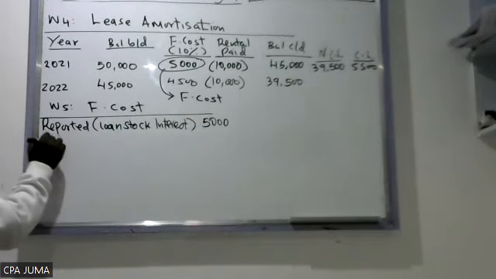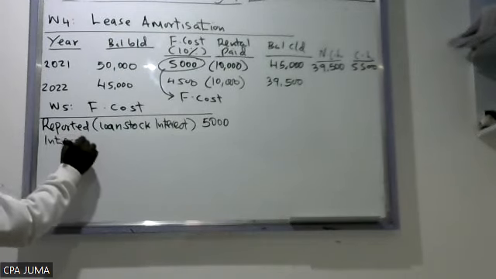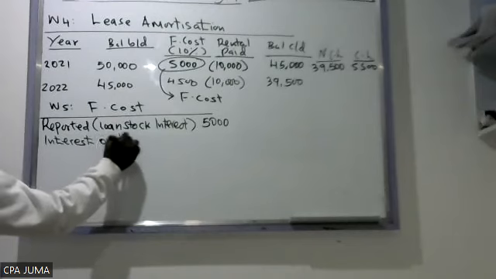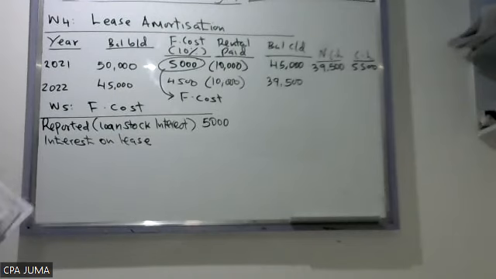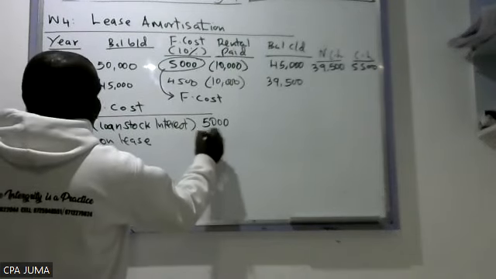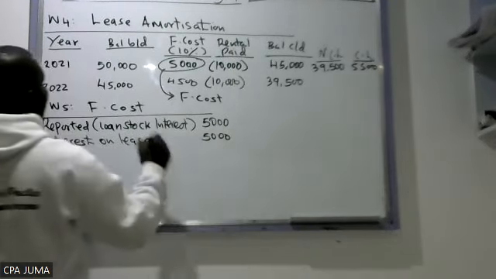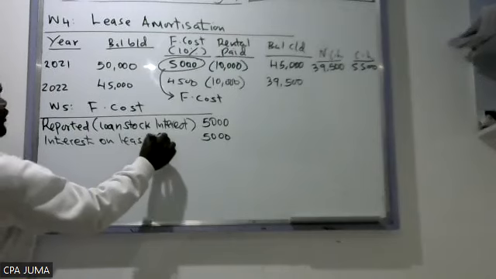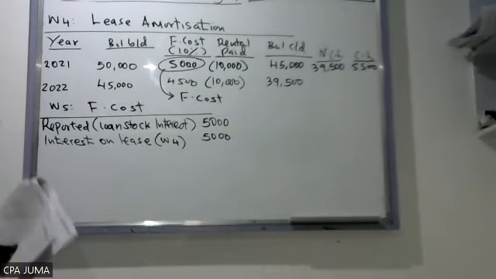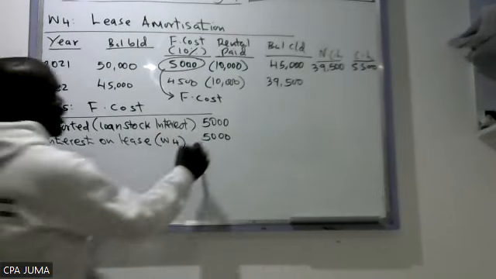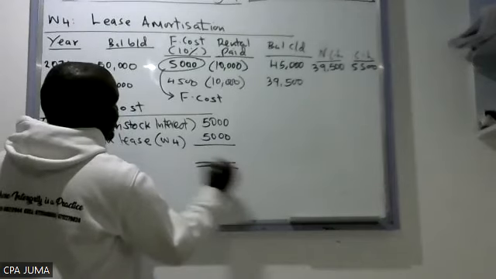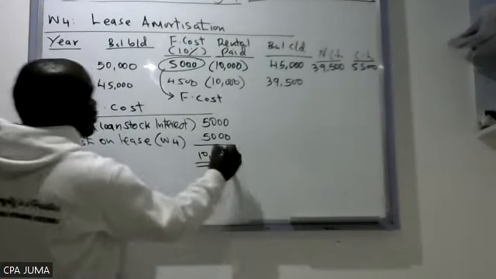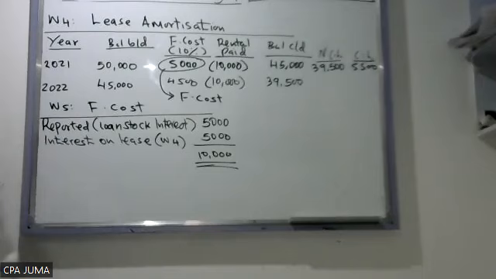Then interest on lease is also 5. This one here. So interest on lease, working not 5, check working 4. So total finance cost, which is interest, is 10.